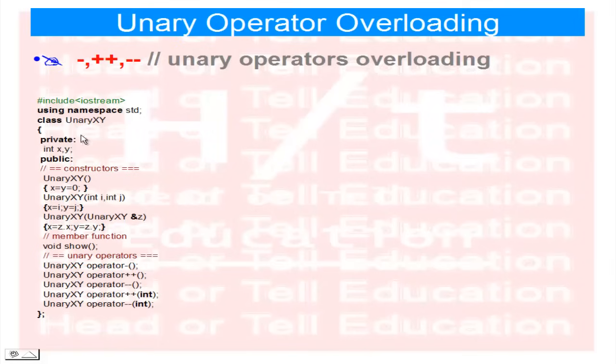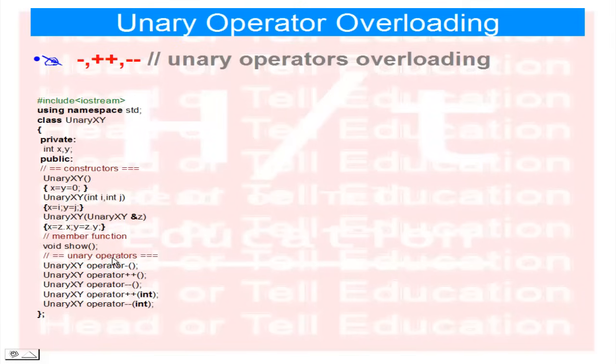Here are the private integer variables x and y. Publicly, a zero argument constructor unary xy and a two argument constructor. I have passed integers i and j and assigned them to x and y, and this is the copy constructor unary xy with reference of z, where z.x is assigned to x and z.y is assigned to y. One more member function I have created is show, to show the values of this class's variables.